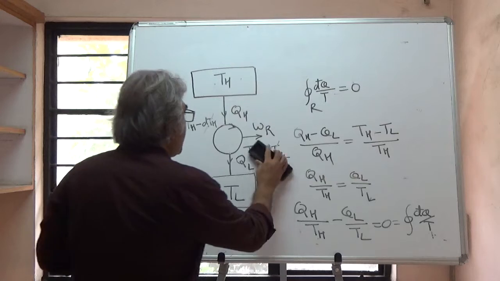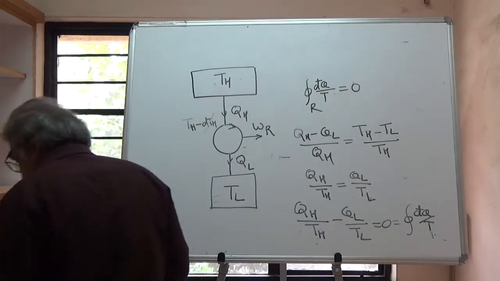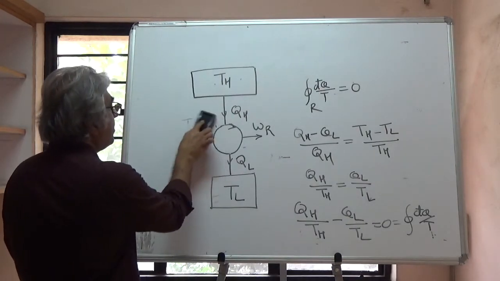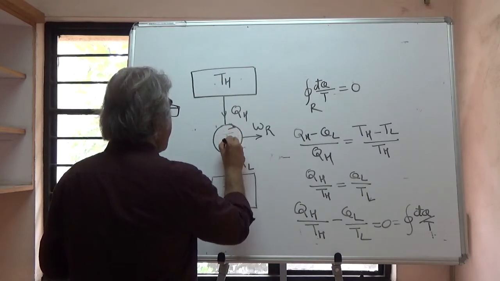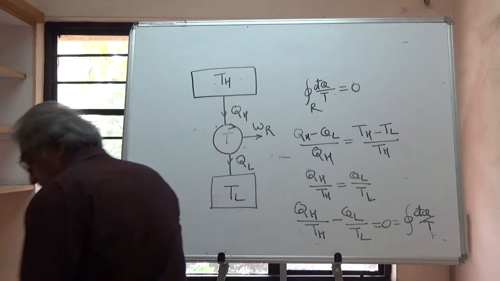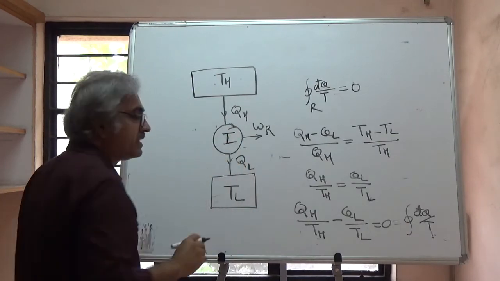So what does it mean? Let's see here. Suppose I am considering this as an irreversible engine, so I'll write here I, just to denote this is an irreversible engine.